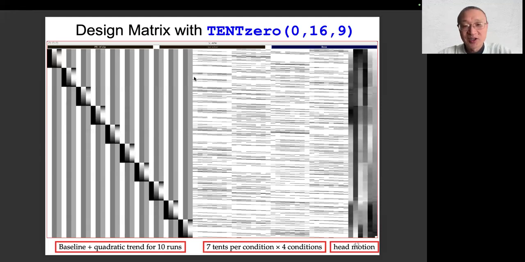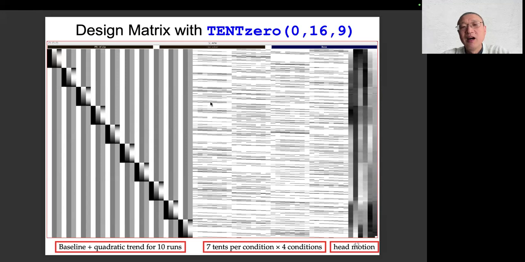The last 6 columns are the estimated head motion components. In between, there are 4 big chunks. Each chunk has multiple columns, in this case maybe 9.